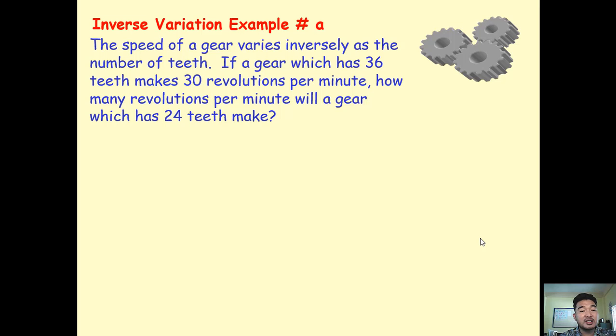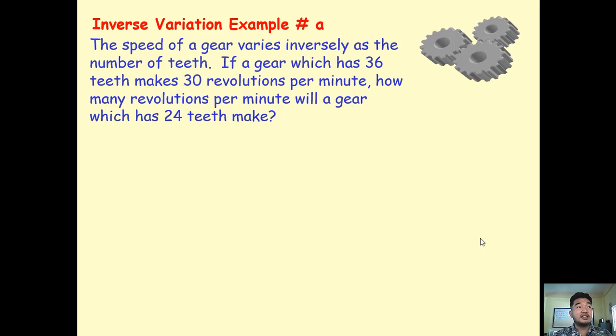If a gear which has 36 teeth makes 30 revolutions per minute, ayan, yung isa daw gear na merong 36 teeth ay nakaka 30 revolutions sa loob ng isang minuto. Ang tanong, how many revolutions per minute will a gear na mayroong 24 teeth? Gaano daw karaming revolution ang magagawa ng isang gear na mayroong 24 teeth sa loob ng isang minute?